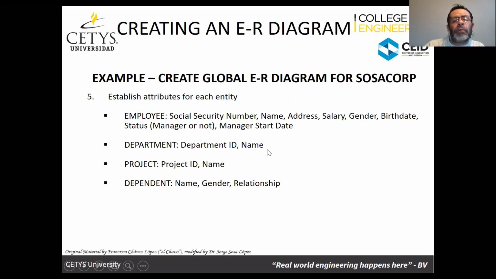Can somebody tell me what the primary key could be for the entity employee? Remembering that the primary key is an attribute that can help me uniquely identify each instance of that entity. The social security number? The social security number, correct, Brian. The social security number is going to be unique.